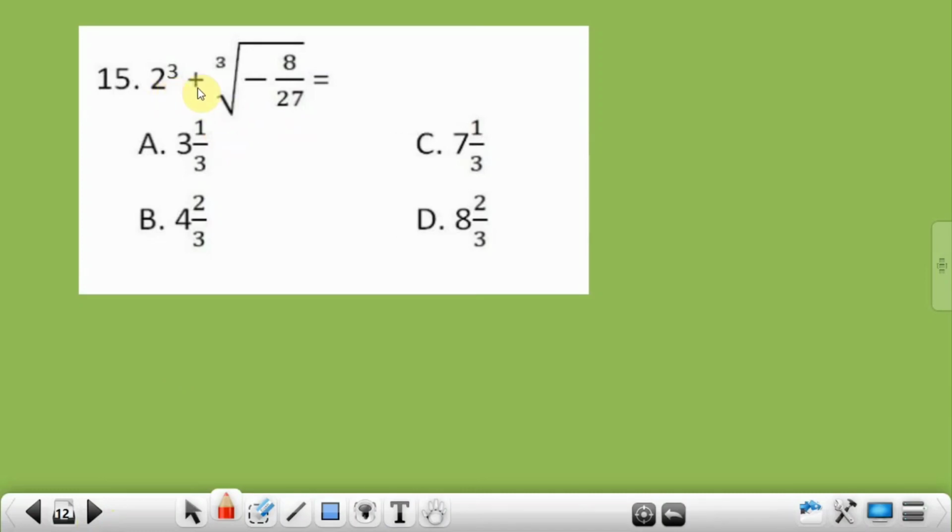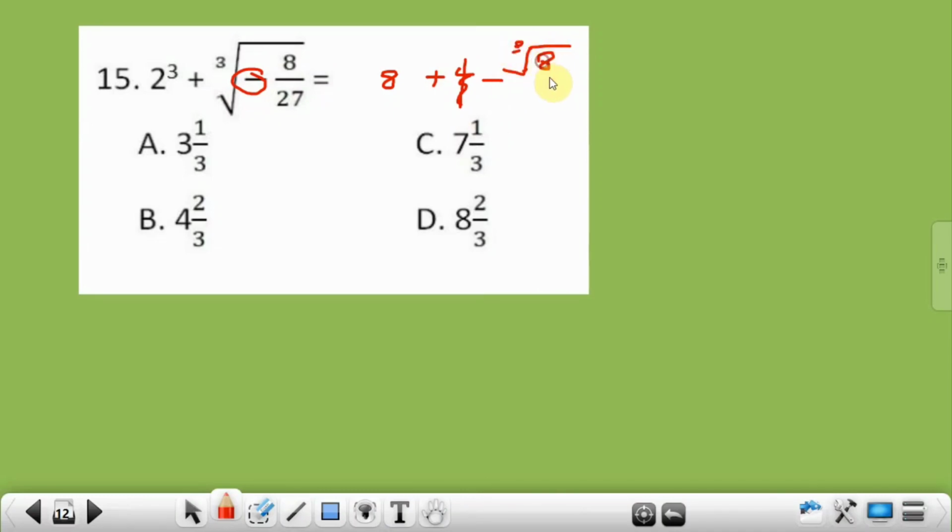Next. Alright, so solve this. Let's solve this. 2 to the power of 3 is 8, plus the cube root of negative... When we have this, the cube root of any negative integer will be a negative integer.